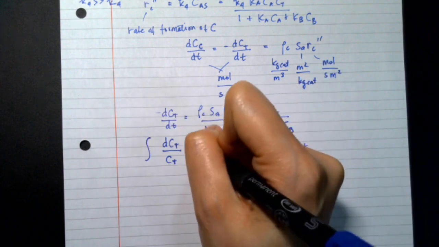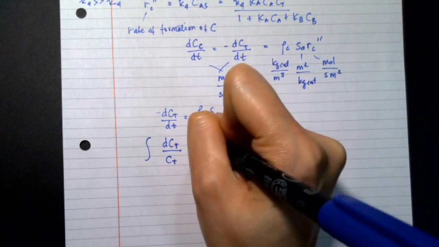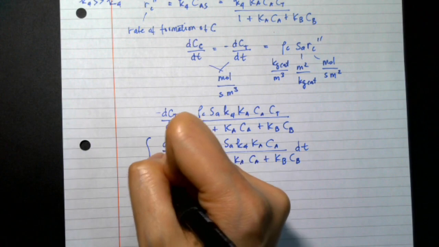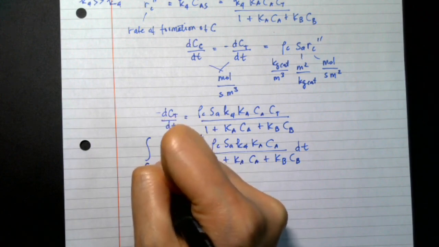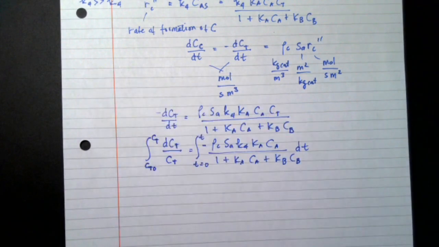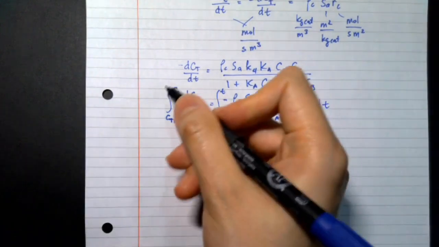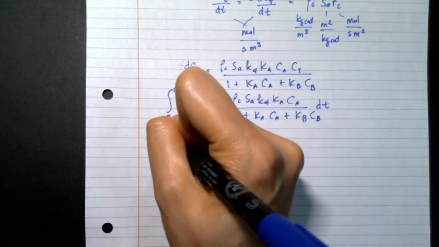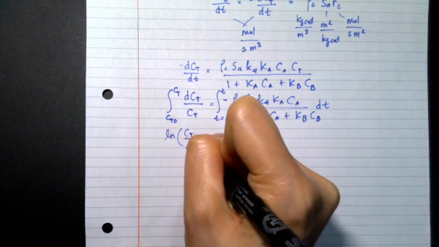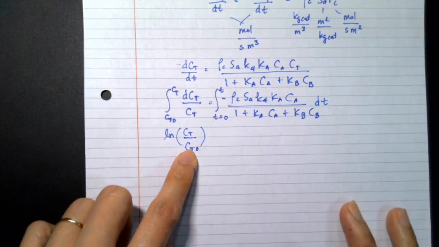And we can integrate. The limits of integration are at time equal to 0 to time t. At time equal to 0, the total number of sites is CT0. And at any time t, we have CT for the total number of sites. So evaluating the integral, for the left-hand side, we'll have log of CT over CT naught. I have already substituted the limits of integration.